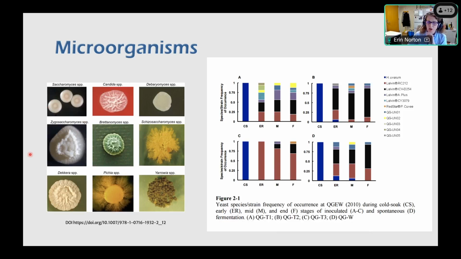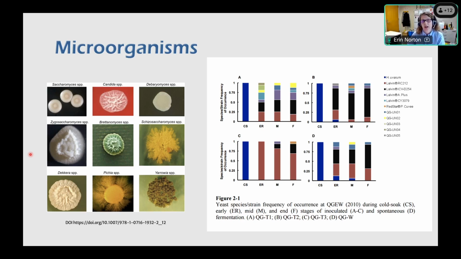Obviously, when they are under a microscope, a lot of them look different. A lot of them are just small ovoid type single cell organisms. But there's a large variety of yeasts that we can have in our wines, and they come in a lot of times on the grapes, or they live in the wineries, let's say.